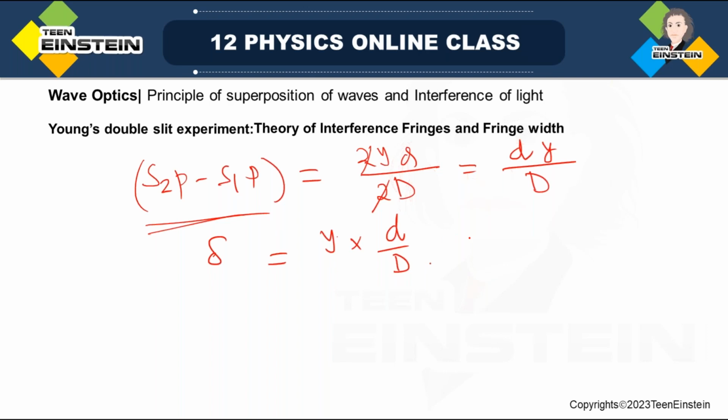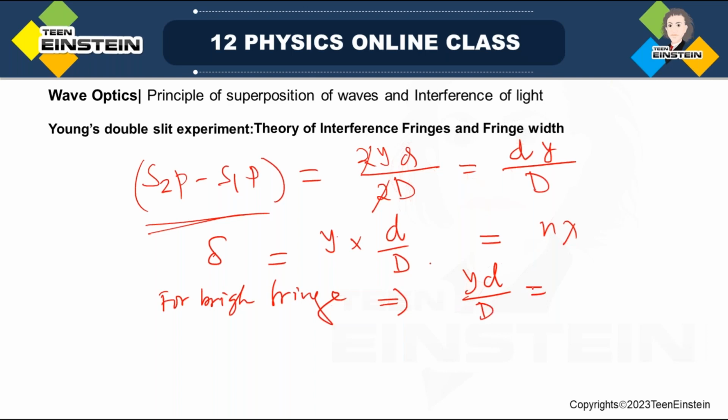So for bright fringes, path difference yd by capital D has to be equal to n lambda.